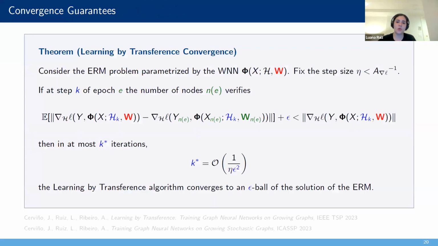And what we were able to show by training graph neural networks now on sequences of graphs as opposed to a single small graph is that this algorithm has convergence guarantees, in the sense that provided that the difference between the gradients of the loss on the finite size graph and on the limit graphon is smaller than the norm of the gradient on the limit graphon, this algorithm converges to the solution of the optimization problem on the limit graphon in a finite number of steps.